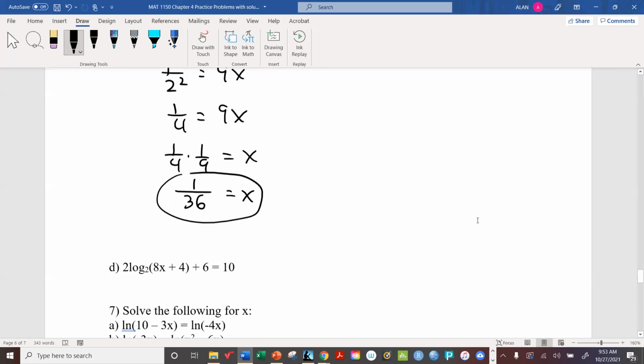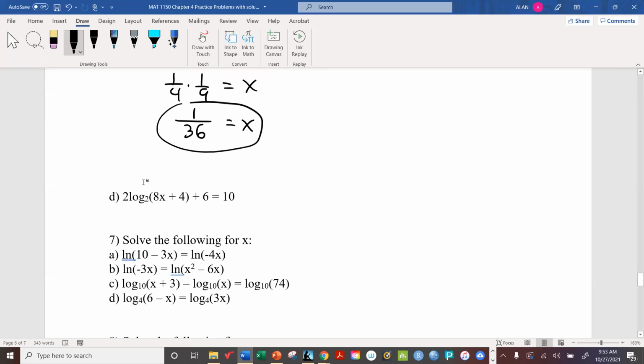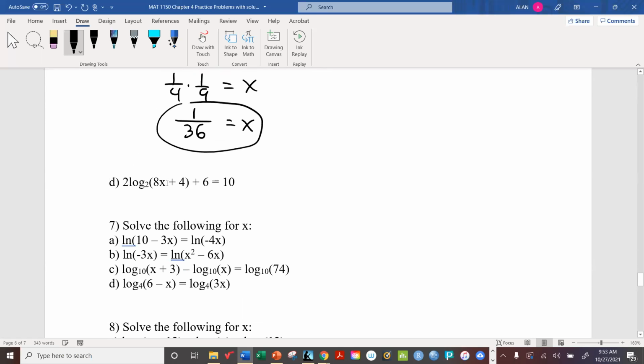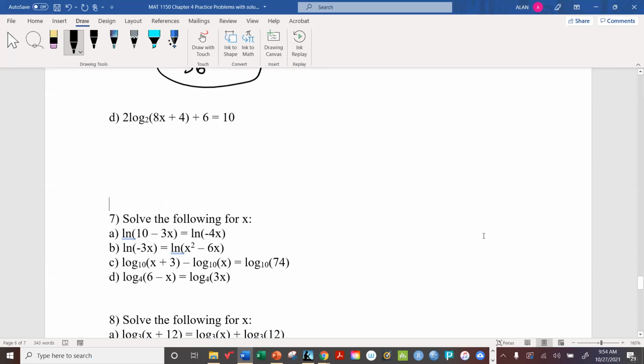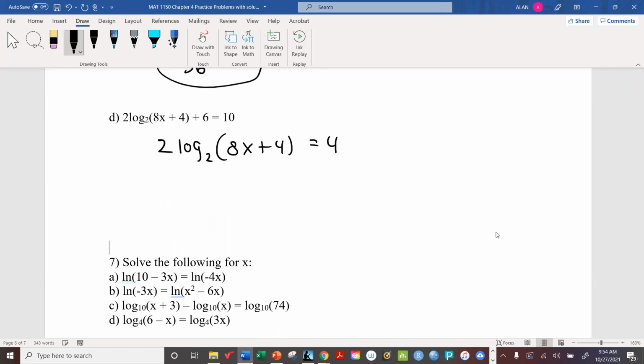All right, let's try another one. So we'll do a little algebra first, and then we'll apply the definition of logs. So let's see, we subtract the 6. Divide out the 2.